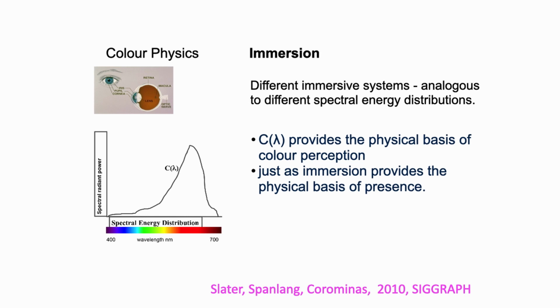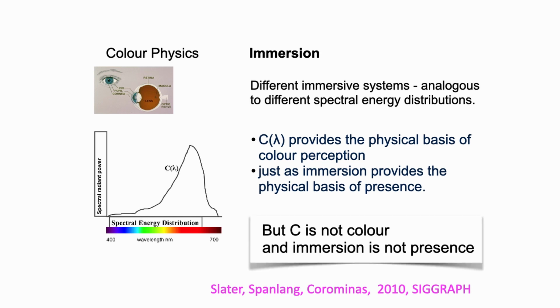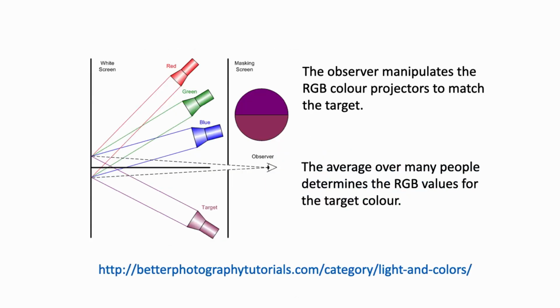My argument is that C(lambda) provides the physical basis of color perception, just as our immersive system, the hardware and software and the program, provides the physical basis of presence. But C, this wavelength distribution, isn't itself color. Color comes from how our perceptual systems respond to the wavelength, and immersion in itself is not presence. Immersion just provides the foundation for presence.